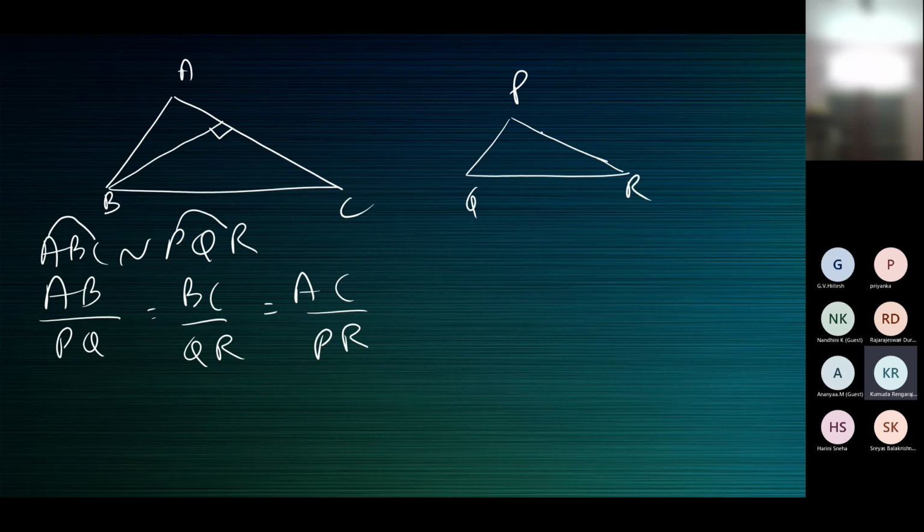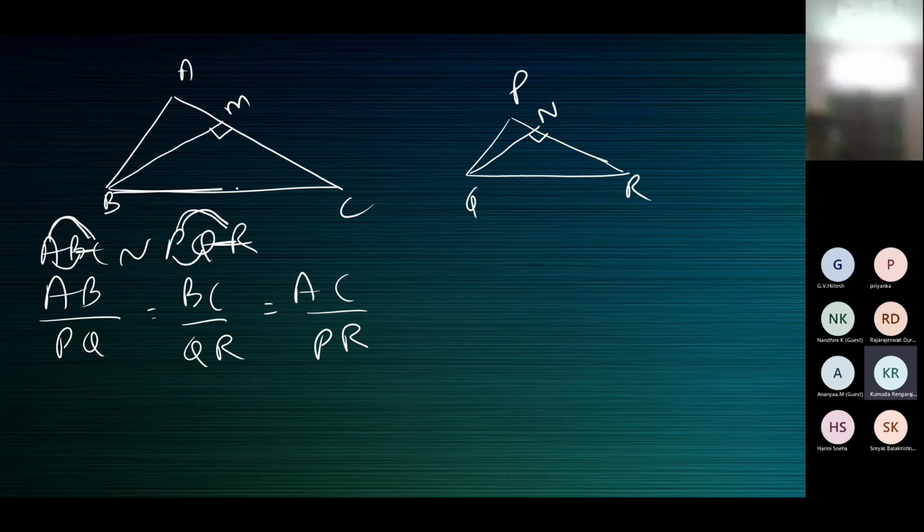So here also it should be altitude on PR. These are the altitudes on the corresponding sides. BM and QN are the altitudes on the corresponding sides. Corresponding sides meaning AC corresponds to PR, AB corresponds to PQ, and BC corresponds to QR. So that's what we mean by corresponding sides.